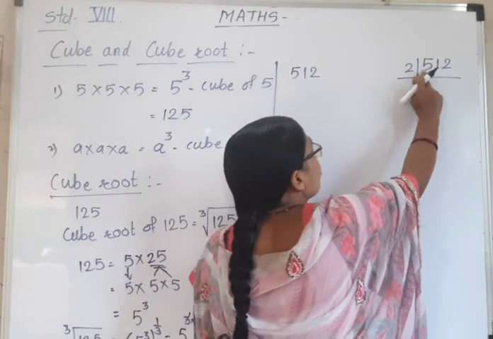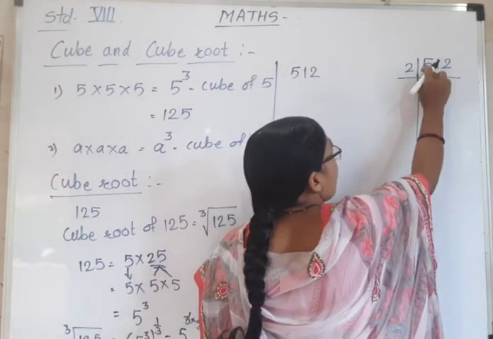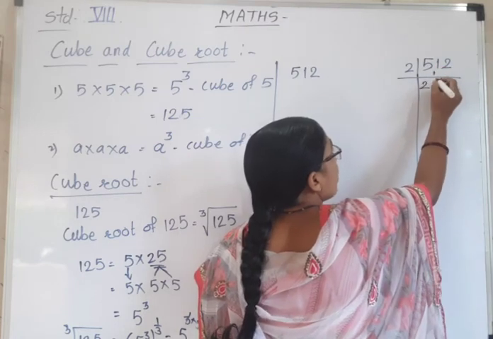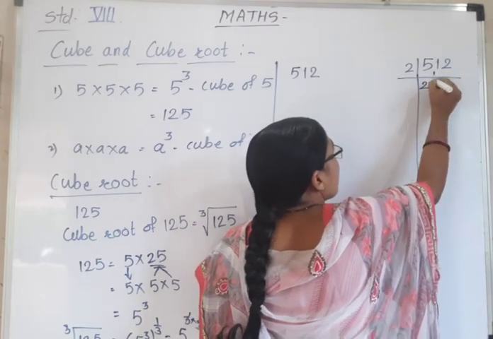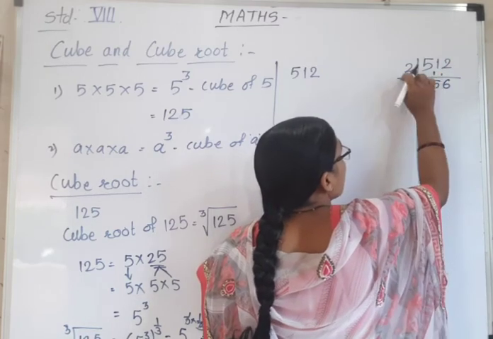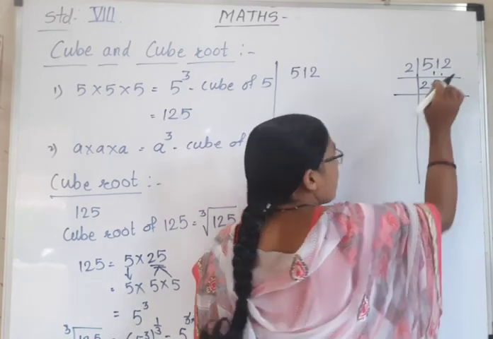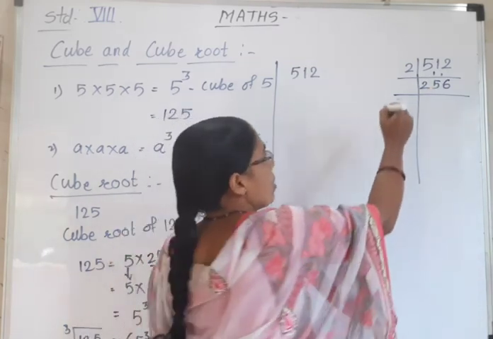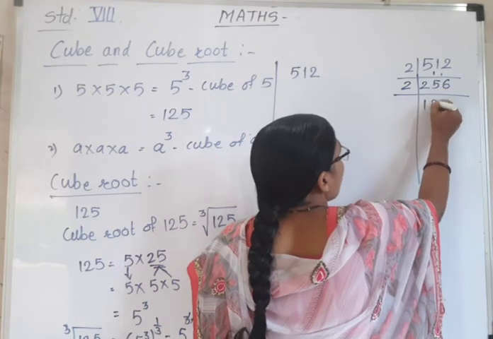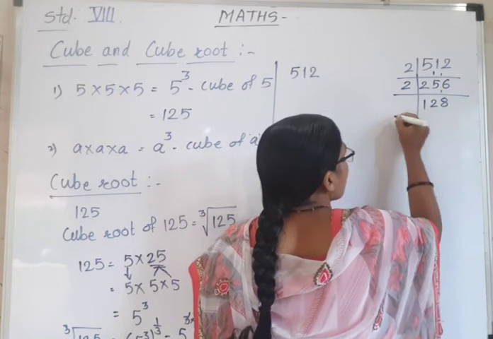So here 2 2s are 4, 5 minus 4, 1 left, write this 1, 1 and 1, it becomes 11. Then 2 5s are 10, again 1 left here, and here 12, 2 6s are 12. Again 6 is at the unit place, so this number is divisible by 2. Again 2 1s are 2, 2 2s are 4, 1 left, 2 8s are 16.